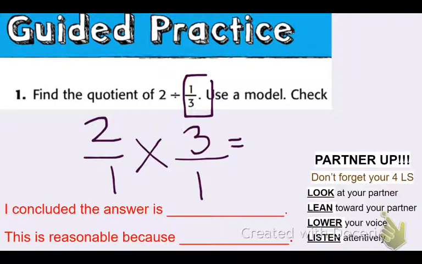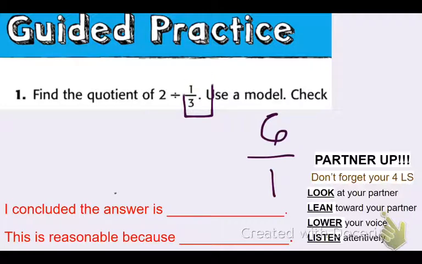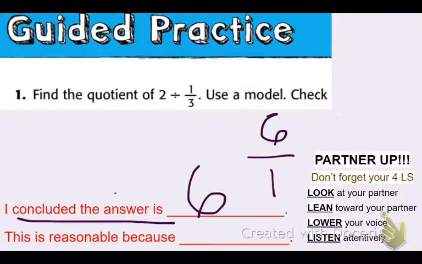Go ahead and solve. 2 times 3 is 6. 1 times 1 is 1. I can go ahead and do step 4, simplify my answer. Well, I concluded the answer is 6. I know that my answer is reasonable because 3 times 2 is 6. It makes sense. I can move on.